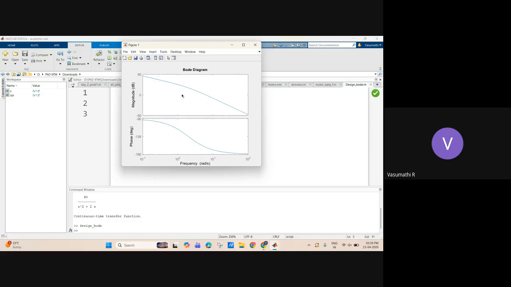If you want to see the phase and gain margin, you can right click on your Bode plot and go to Characteristics, All Stability Margins. Choose all stability margins. It will show you the phase margin and gain margin of your system. Otherwise, you can also use the keyword margin for your system. It will also give you.